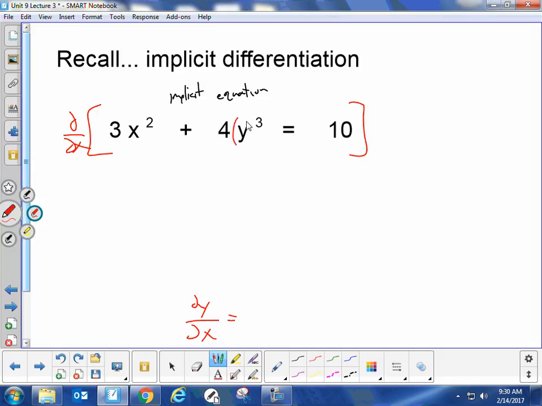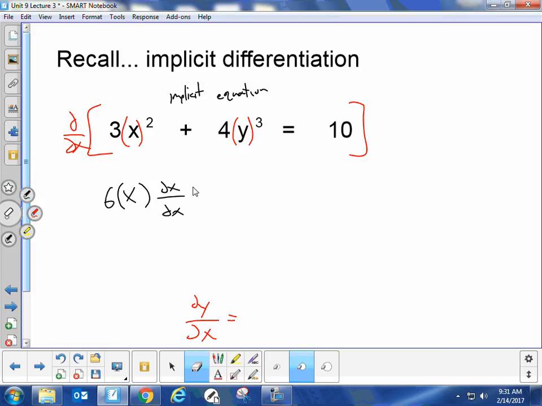Okay, let's recall that when we take the derivative of these variables, it's essentially using the chain rule every time. We took the derivative of the outside, leave the inside alone, and then we take the derivative of the inside, and it's essentially multiplication. It would be the change in x over the change in x, which is 1, which is why we don't include dx dx, while we'll just write it as 6x.